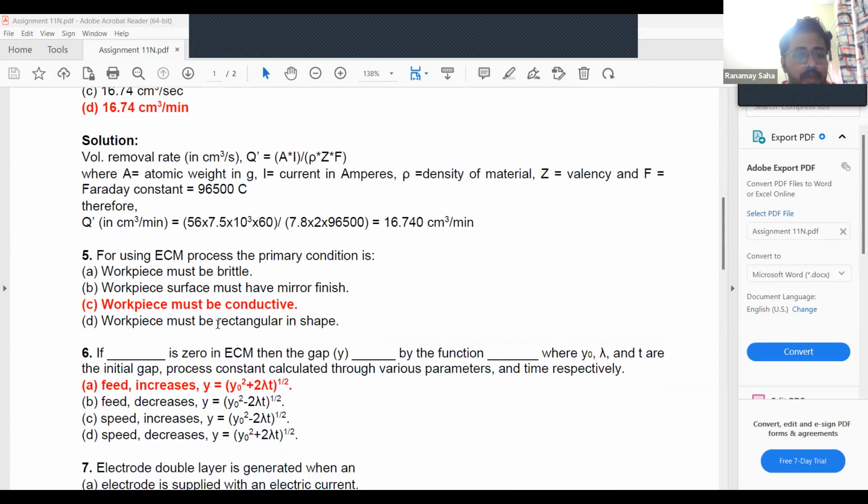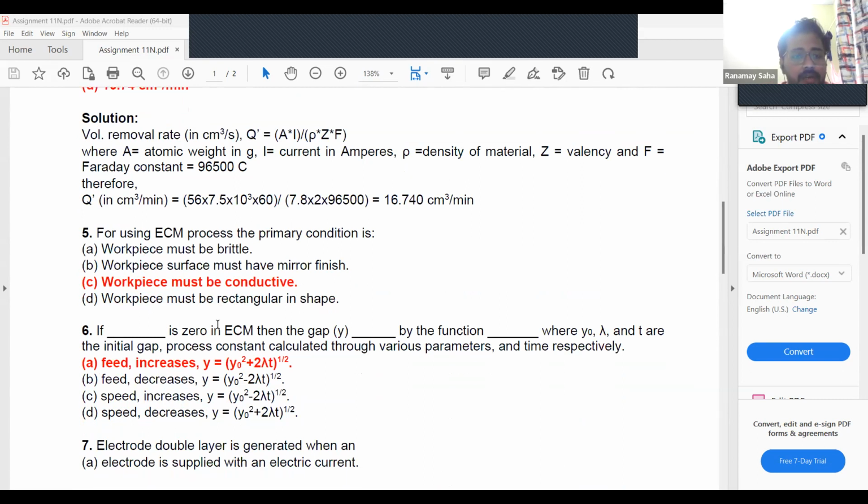Okay? And then the next question was, for using ECM process, the primary condition is, of course, that the workpiece must be conductive, otherwise you can't complete the circuit and the process cannot actually take place.